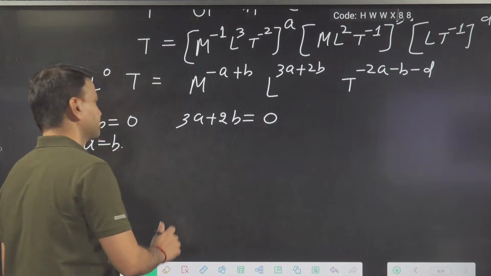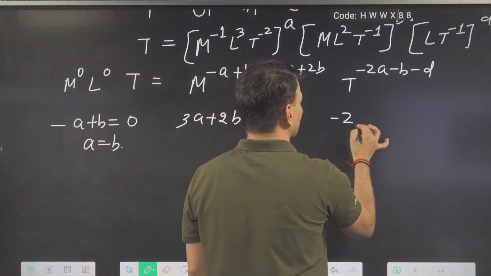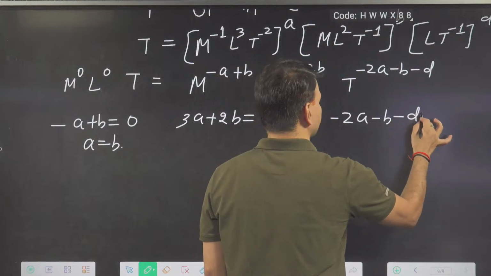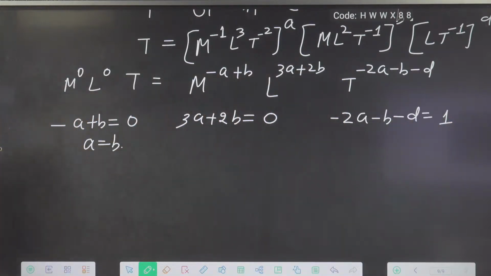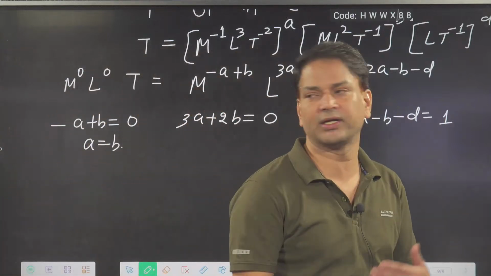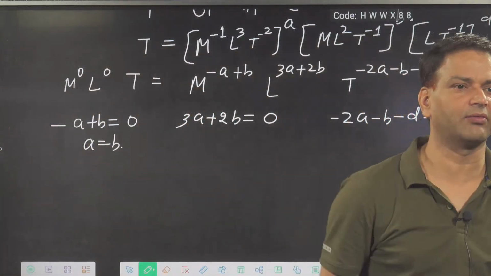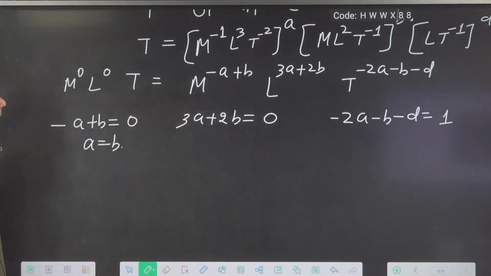And the third one: minus 2A minus B minus D is equal to 1. In the question they have given options like A is equal to 1 by 2, B is equal to 1 by 2, D is equal to 1 by 2, something like that. So first I got A is equal to B.